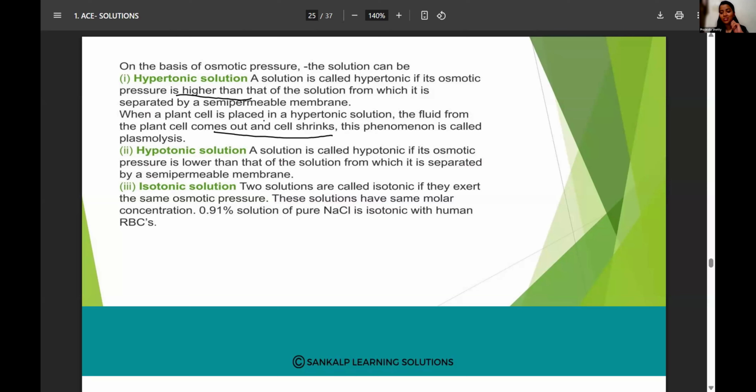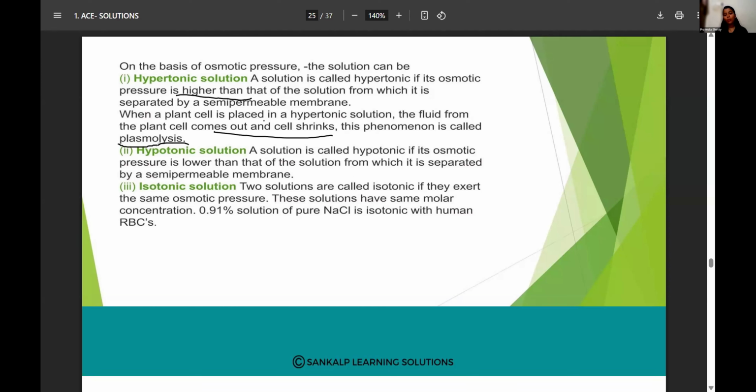Why I'm stressing this is, again you have a question based on this. When a cell is placed in a hypertonic solution, all the water in the cell comes out and the cell shrinks. Okay, and that concept is called plasmolysis. You studied this in your biology previously. If you are a biology student, you easily get the link. If not, you have to recall what this is, or else simply reading this much is enough.